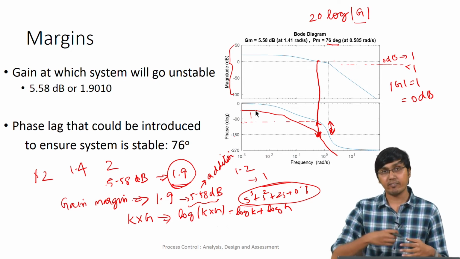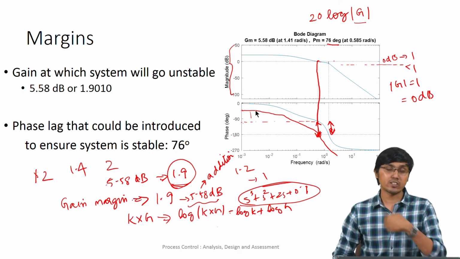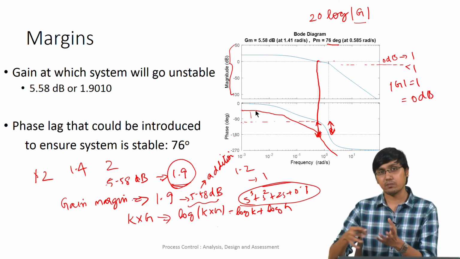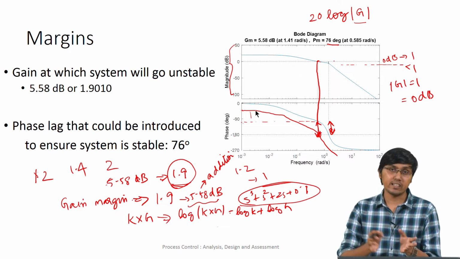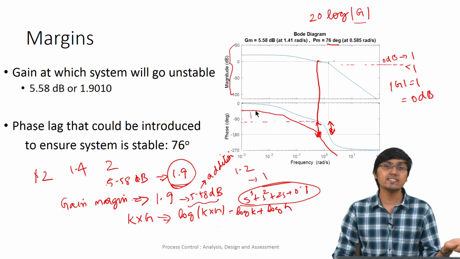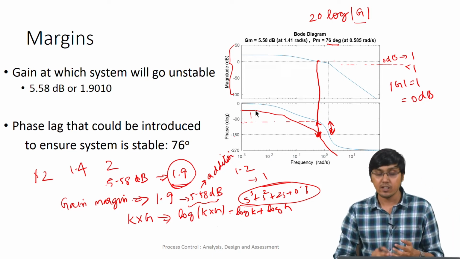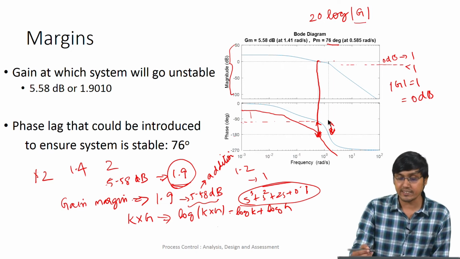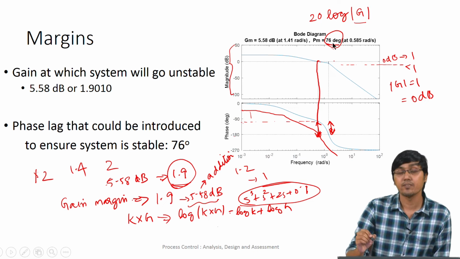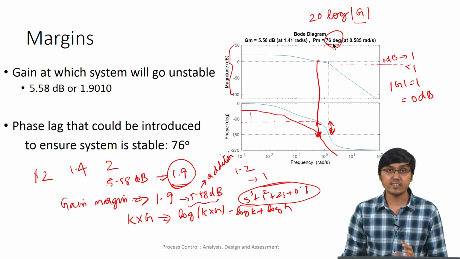Also, when the system is operating it can go to some other operating point, and at that point the system's model will be something different, because what we do is take a nonlinear system and linearize it. So at different operating points it will be different systems. So basically we can accommodate 76 degrees. 76 degrees will be the phase lag that I have to add to make the system unstable. That is what is called the phase margin.